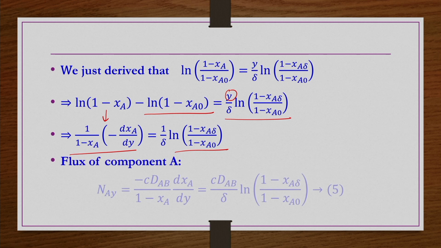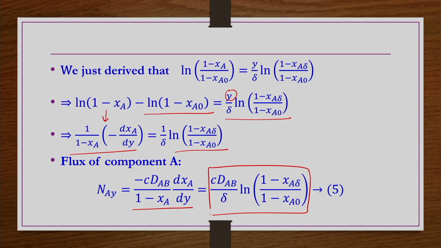Now the flux of component A is minus C DAB/(1 - XA) dXA/dy, this is what we derived. So if you multiply this equation by C DAB, you will get the flux, that is given by this equation, right. Now we have an expression for the concentration profile and an expression for the flux also.